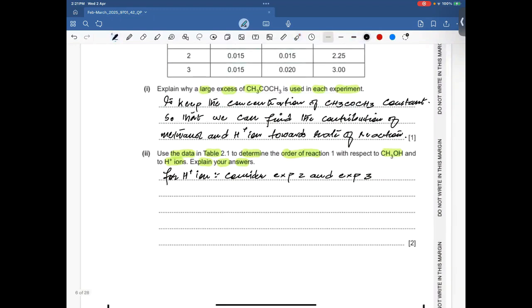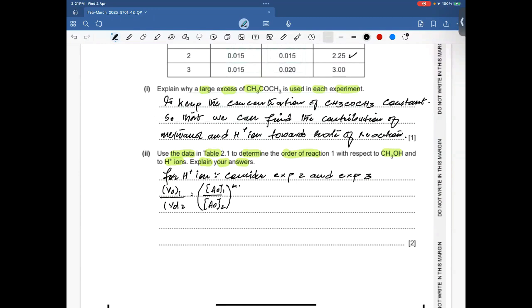So let me apply the formula. V01 upon V02 equals the concentration A01 over concentration A02 to the power m, and m is basically the order of reaction. V0 is the initial rate, A0 is the initial concentration.